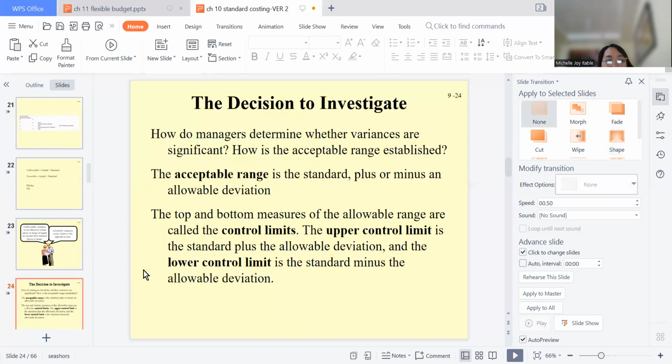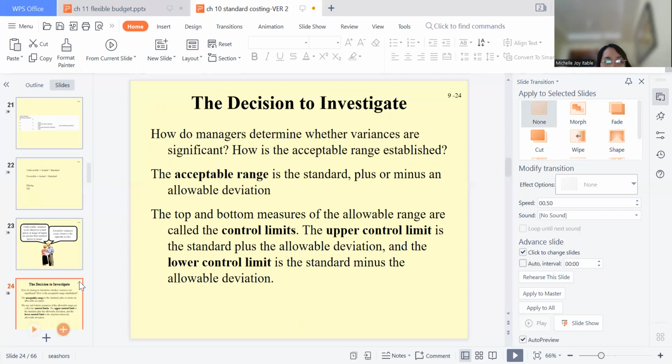So the decision to investigate: how do managers determine whether variances are significant? How is the acceptable range established? The acceptable range is the standard plus or minus an allowable deviation. The top and bottom measures of the allowable range are called the control limits. The upper control limit is the standard plus the allowable deviation, and the lower control limit is the standard minus the allowable deviation.